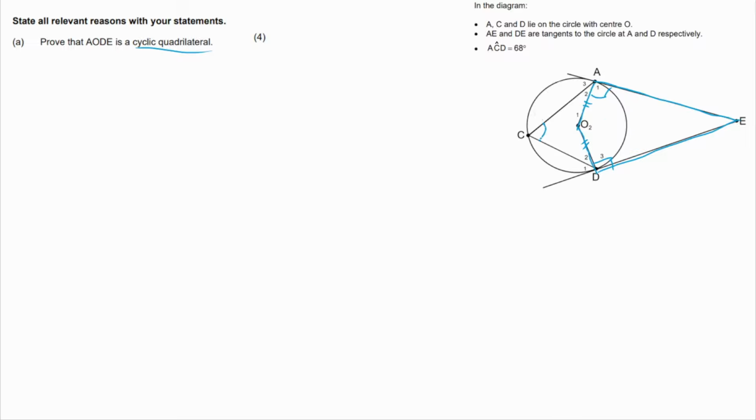Okay. So pretty easy. Let me just add the 68. We might need that. Oh, we're going to need it probably in the next question. But anyway, so we're going to say that A1 is equal to 90 degrees. And the reason is tangent perpendicular to radius.